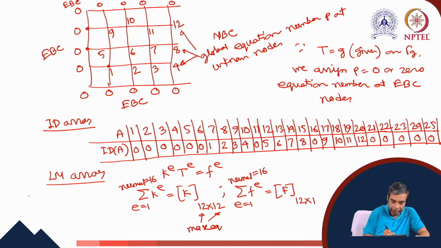So for performing the assembly, we simply use this capital K PQ equals capital K PQ plus small k F prime B prime E. This expression is written in terms of computer coding terminology. So this is an assignment statement, as if we keep on adding and assigning the value to the left side.